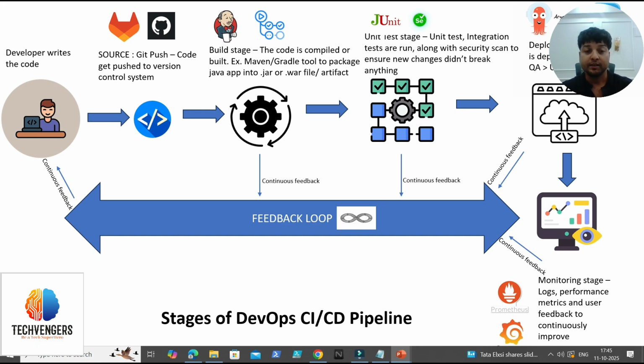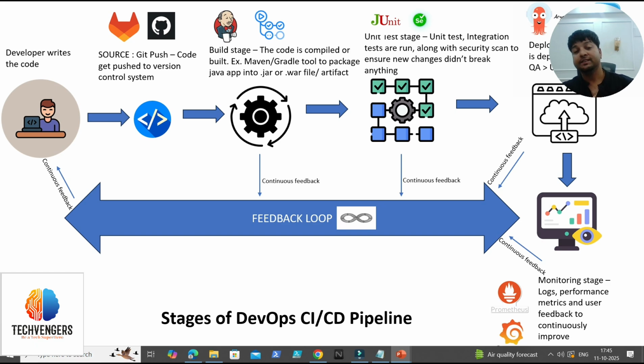Every time a developer pushes the code, the CI process automatically initiates. This is the build process: the CI process automatically builds the application and runs the tests to check everything still works fine.